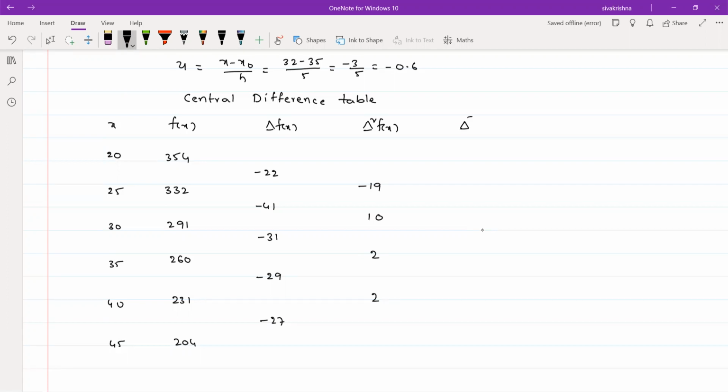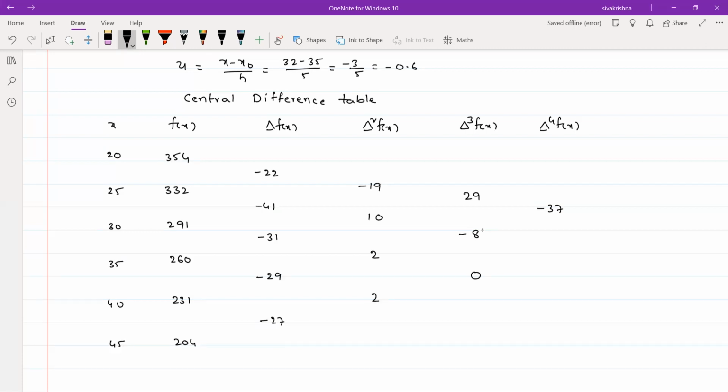Coming to the third differences, delta cube f of x, is equal to 10 minus of minus, means 10 plus 19, which is equal to 29. 2 minus 10 is equal to minus 8. 2 minus 2 is equal to 0. These are the third differences. Coming to the fourth differences, minus 8 minus 29 is equal to minus 37.